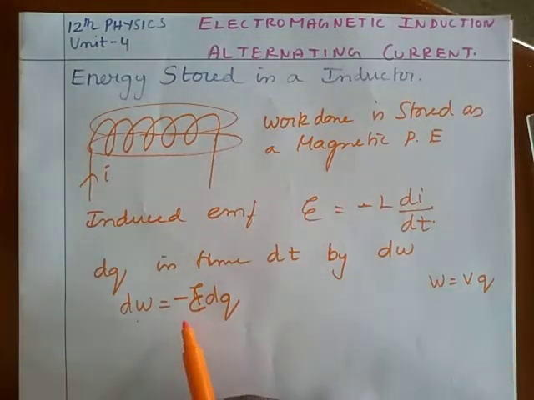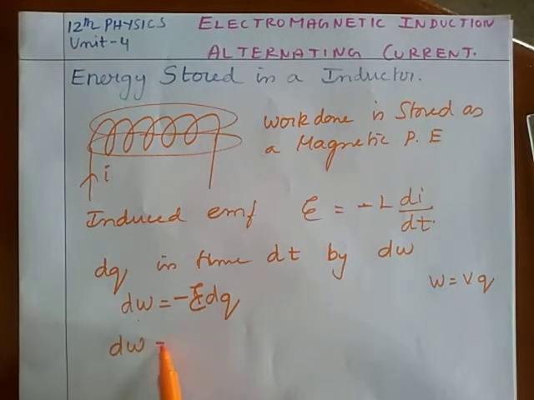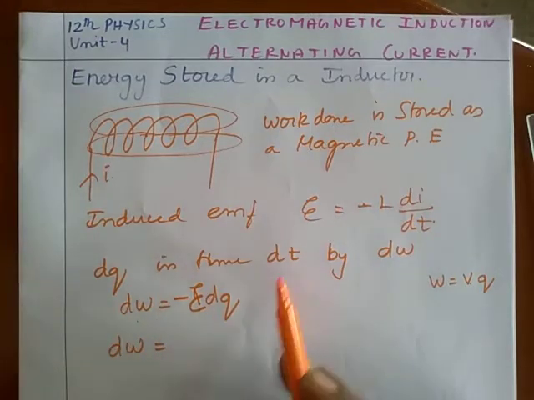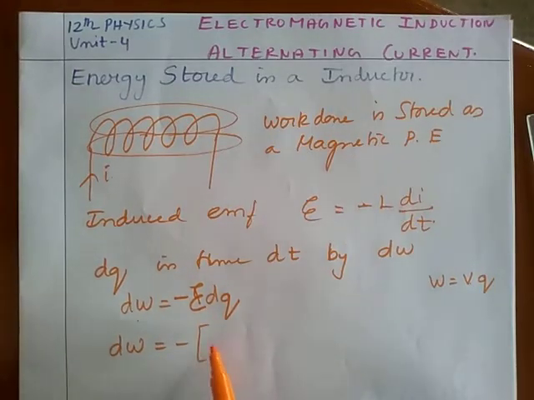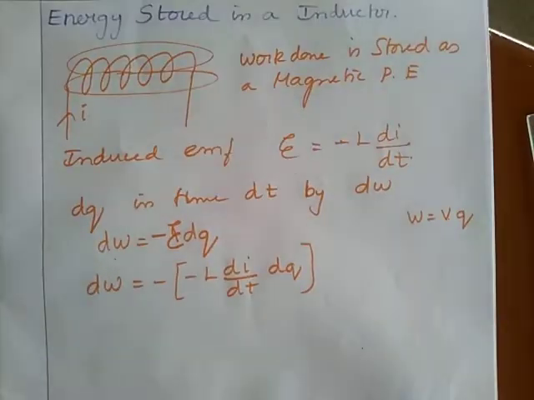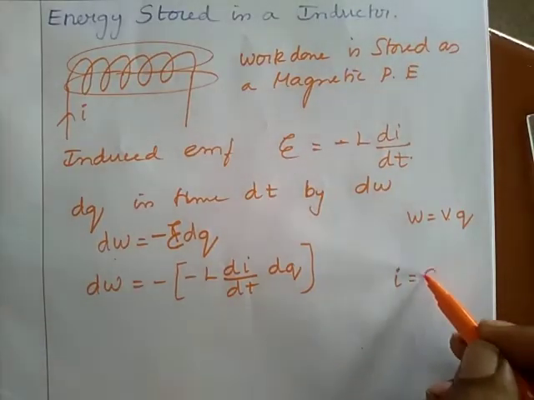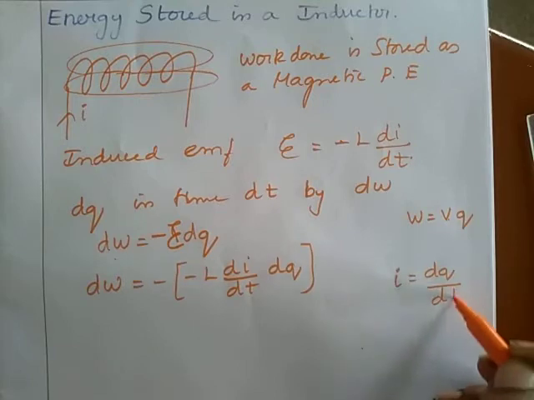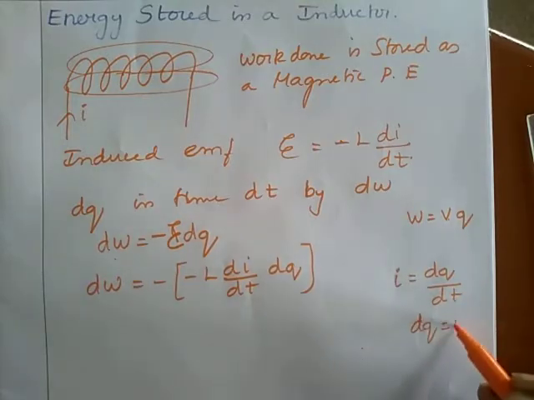Then we know psi is equal to minus L di by dt. Substituting in this expression, the small work done to move the charge dq in the time interval dt is equal to minus of L di by dt times dq. We know the current I is equal to dq by dt, so dq can be written as I dt.